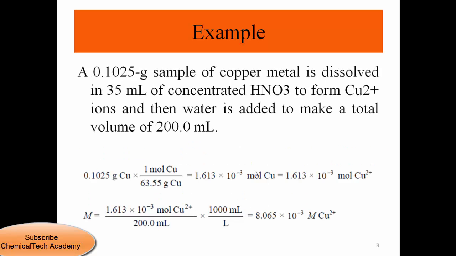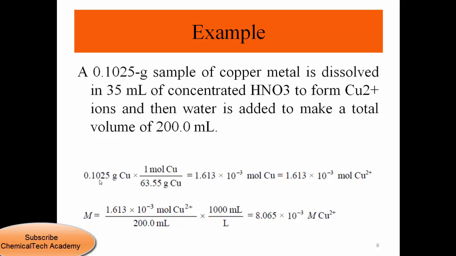Next example: a 0.1025 gram sample of copper metal is dissolved in 35 milliliters of concentrated nitric acid to form Cu2+ ions, and then water is added to make a total volume of 200 milliliters. We need to find the concentration of copper in the solution.